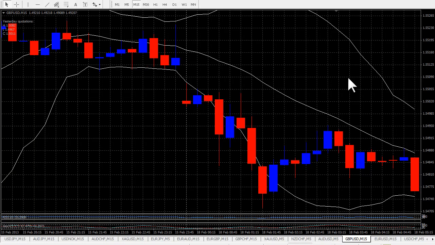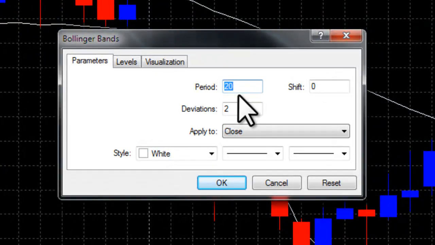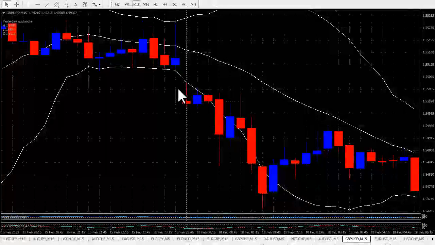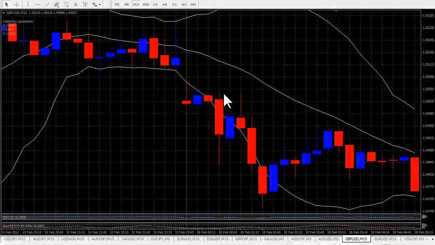The first thing it uses is Bollinger Bands. You're ignoring this middle one here, okay? The settings are very simple: 20 with a 0 shift and 2 deviations. Apply to close. Okay, so the standard recommended setup of Bollinger Bands. I've made them white because they're quite important for this particular strategy.